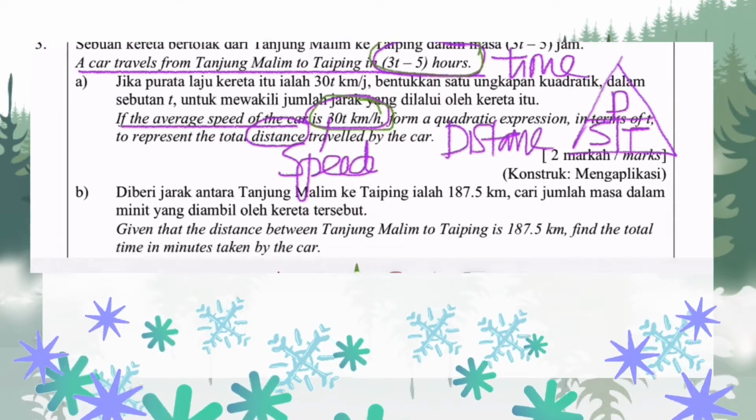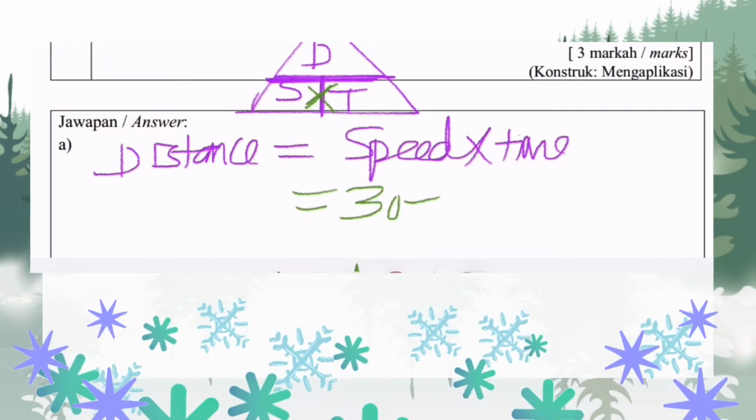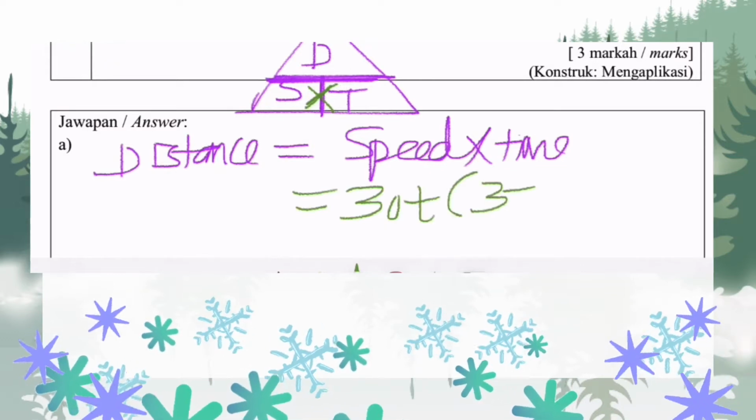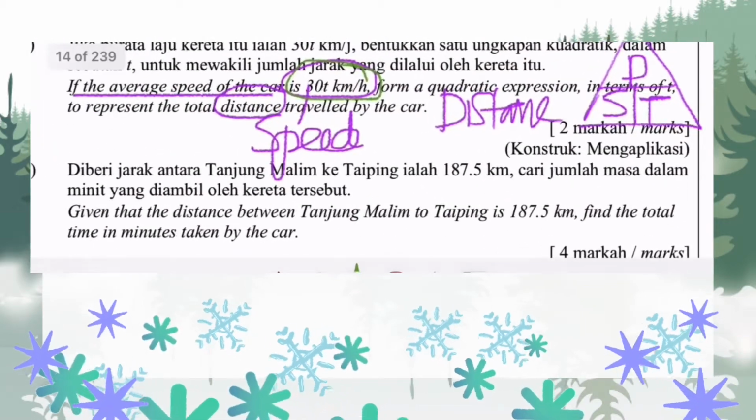We take the speed and the time and multiply. So it's 30t times 3t minus 5. Make sure you put the bracket.